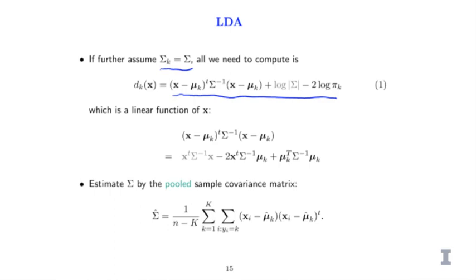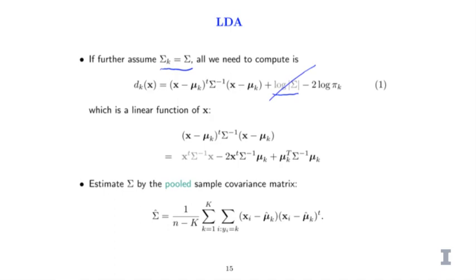Here I color the log sigma in gray, meaning that we actually don't need to evaluate this, because when we are evaluating the discriminant function d sub k of x, the purpose is to pick the k value that minimizes this d k for every x. But because log sigma is the same for every k, we really don't need to evaluate this term anymore.